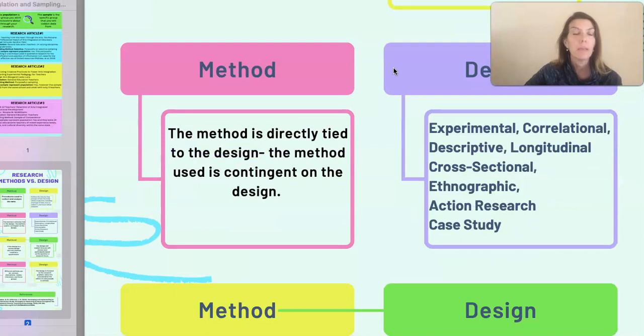Another piece of the research method is it's directly tied to the design. It's contingent on the design. So you would not necessarily use a type of method with another type of design. They might not go together.